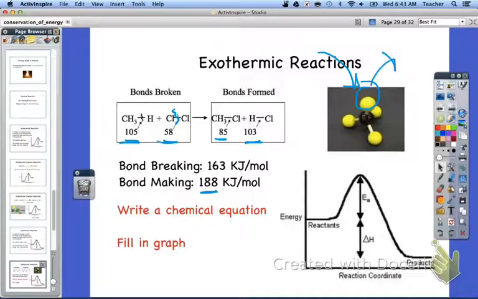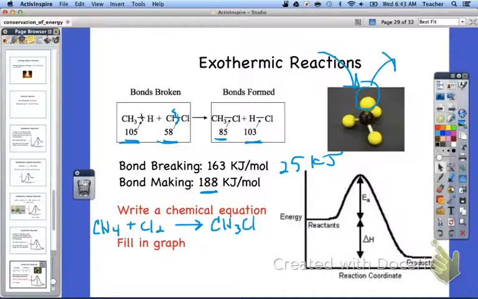The difference then between the bond making and the bond breaking is 25 kilojoules. And I got that from taking the 188 and subtracting the 163. So if we were going to write a chemical reaction for this, we would have CH4 plus Cl2 yields CH3Cl.